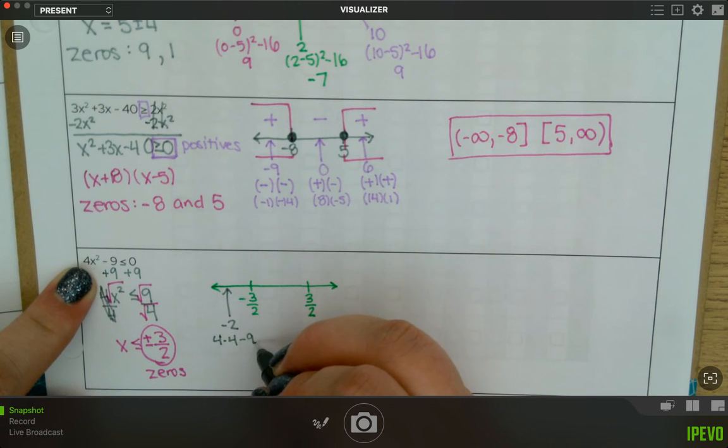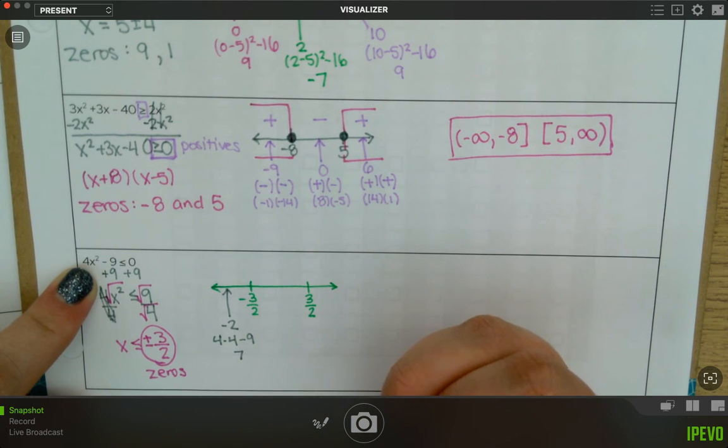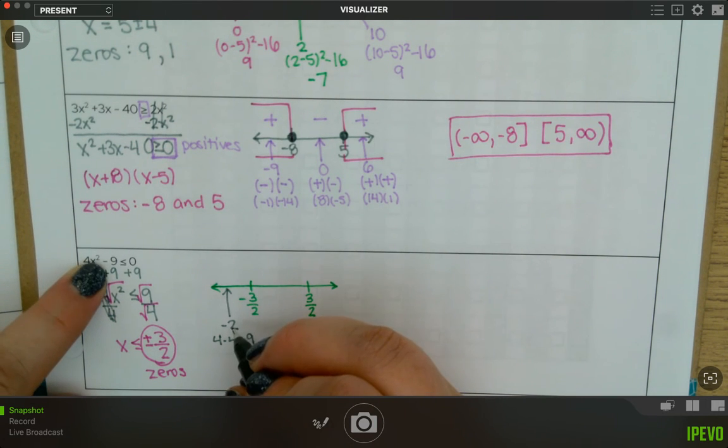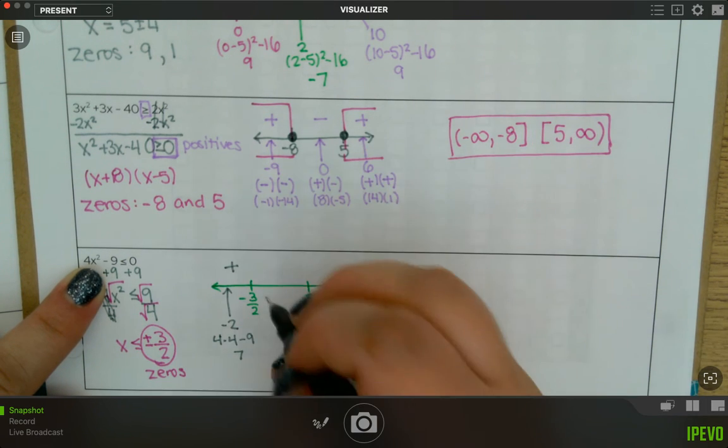And 16 minus 9 is, I don't know why I can't think of this, 7. Man, my brain's not working today, guys. Again, I did -2 squared right here. That's where this 4 came from. I know somebody's wondering that out there. That's a +7, so my answer is positive.